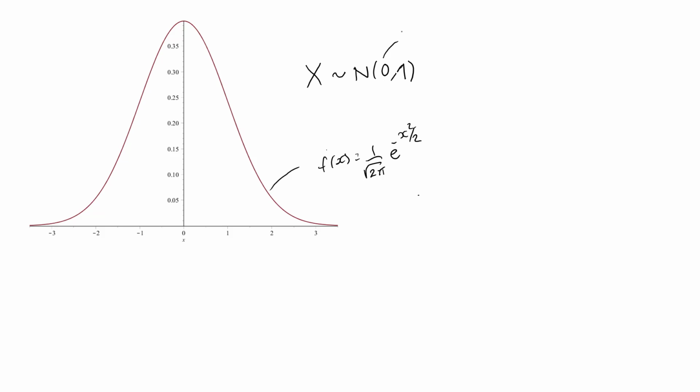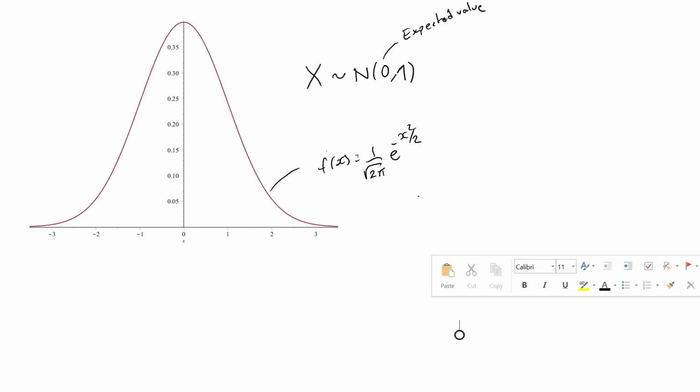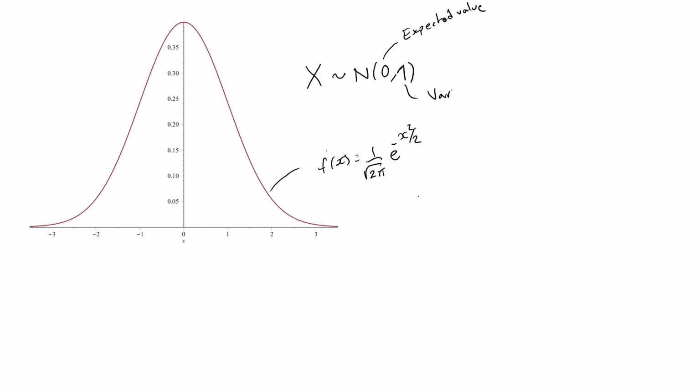This is the expected value. So the standard normal has an expected value of 0. This is the variance. The standard normal has a variance of 1.